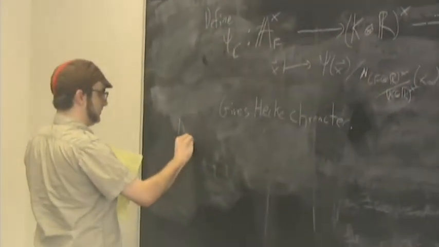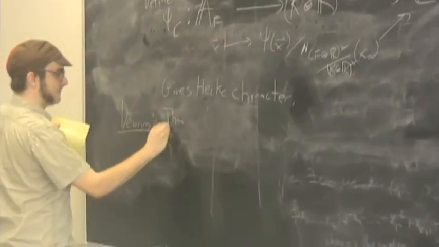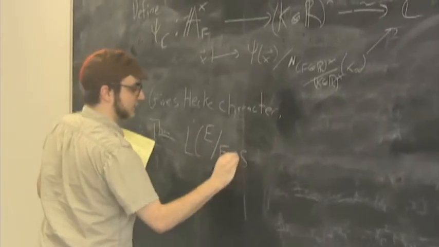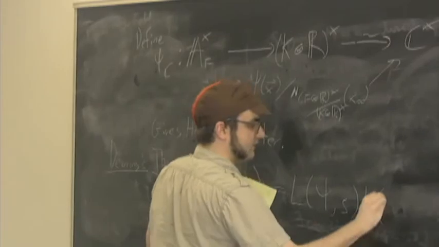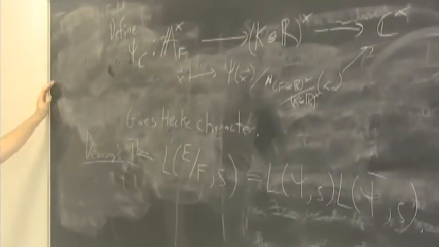Okay. And Deuring's theorem exactly says that the L function of E over F is the product of the L functions of these two Hecke characters, psi and psi bar.